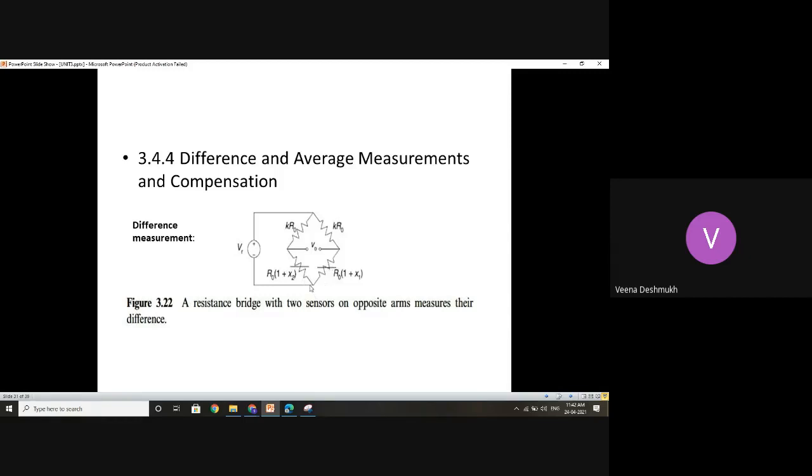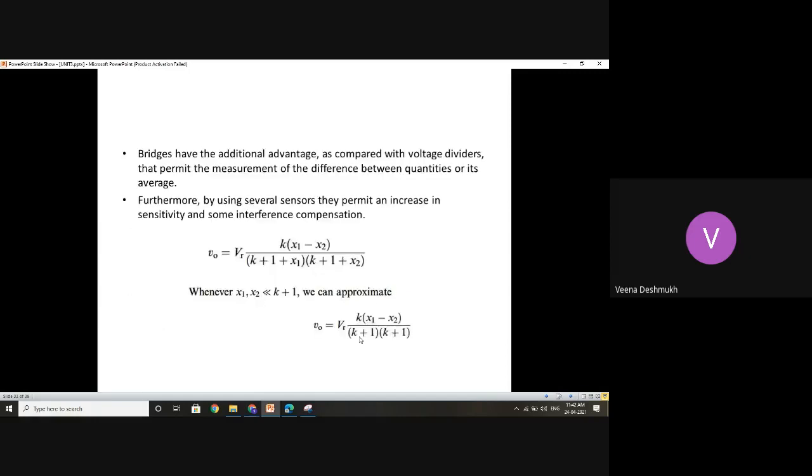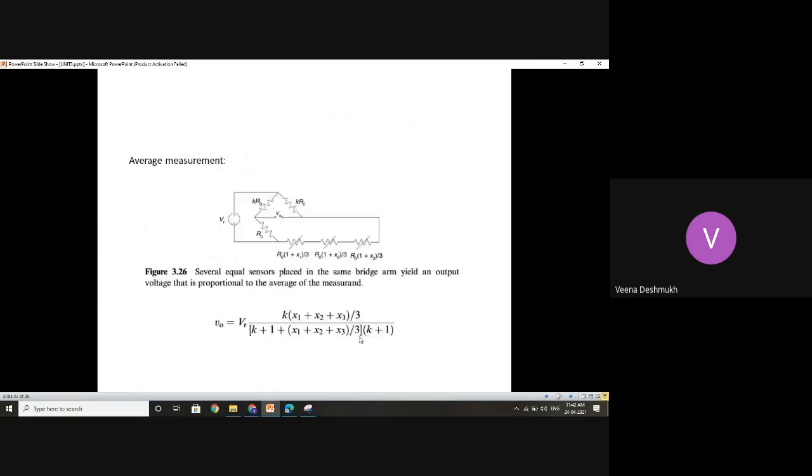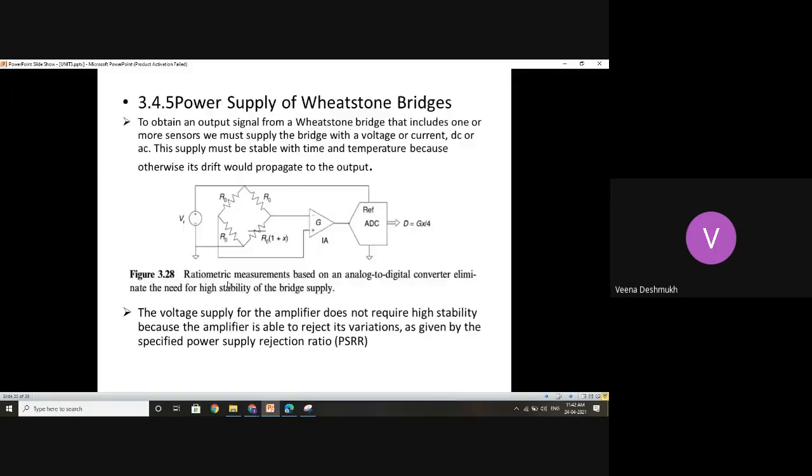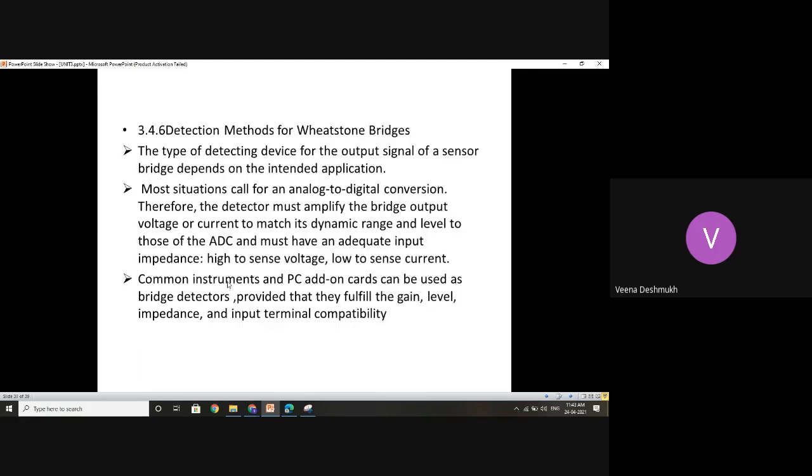So for difference measurement, the calibration levels are different. For single point temperature measurements, the calibrations are different. Similarly, for the average ones, the calibrations are different. And accordingly, any drift happening in the power supply has to be taken care of.